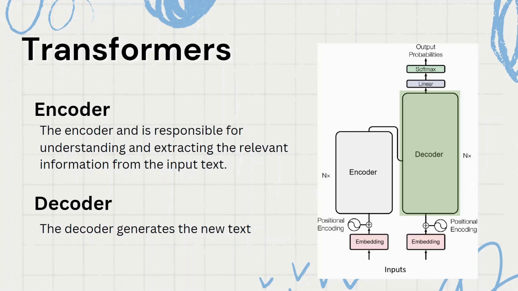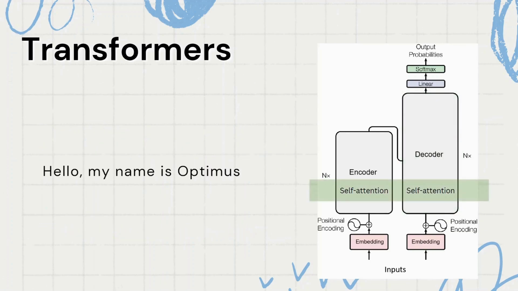Okay, now we can move on to understanding each of the components inside encoders and decoders. So the first component is that of self-attention behavior. Let us take this example again. Now, before transformers, we used to have RNNs or recurrent neural networks for natural language processing.